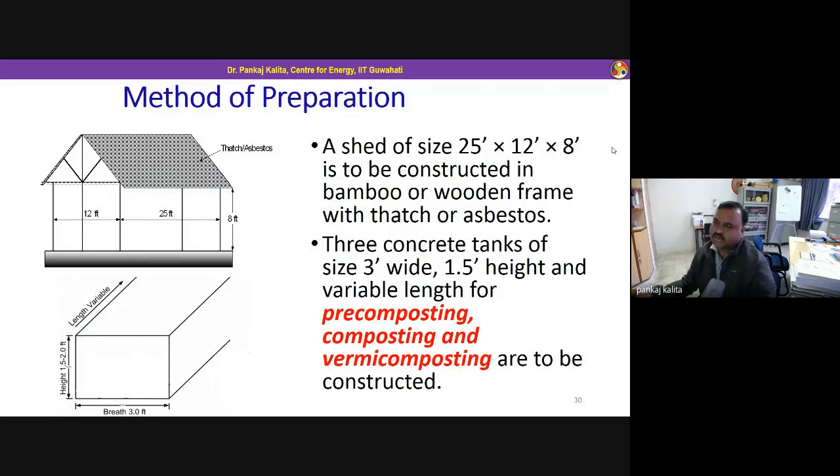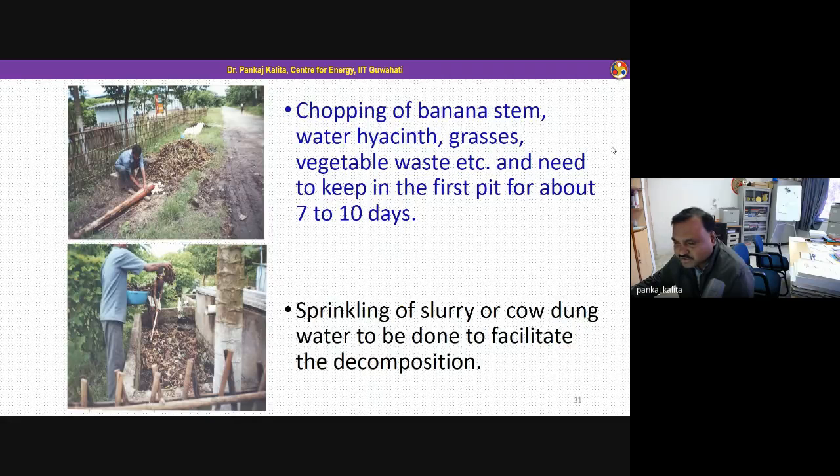So how to prepare this? First, you need to make one shed for a small capacity, of size 25 by 12 by 8, and then 3 concrete tanks of size 3 inch wide, 1.5 inch height, and a variable length for pre-composting, composting and vermicomposting. So you can see the processes.